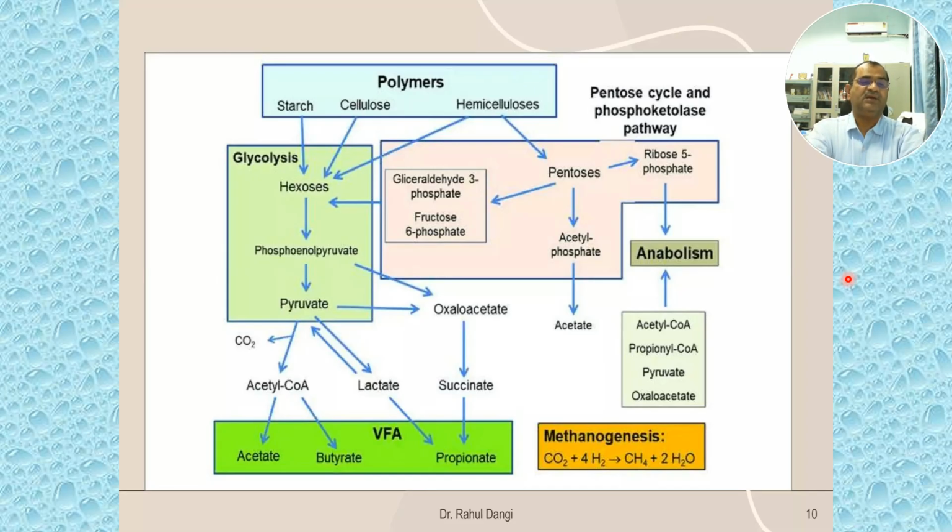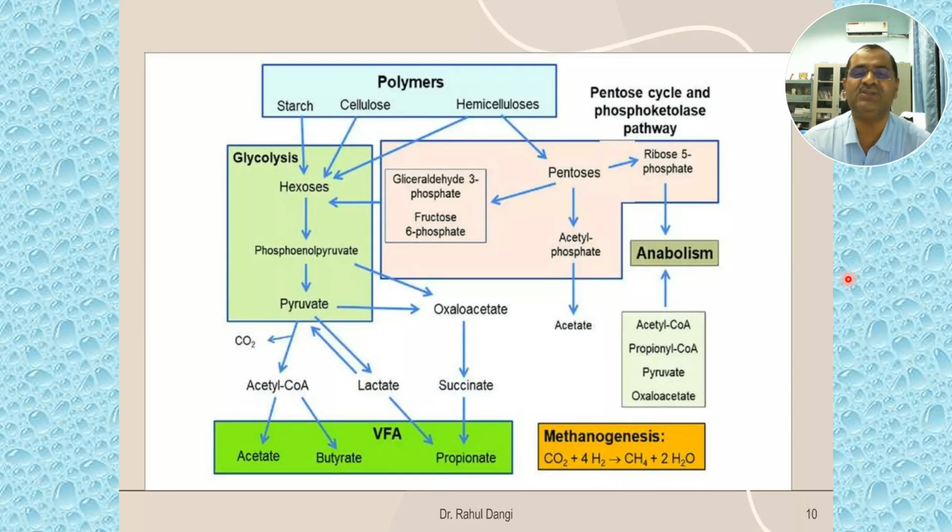Then these polymers, especially the celluloses, cannot be digested by monogastric animals. They consist of starch, cellulose, hemicellulose, and apart from this, the ruminants also have lignins, which can never be digested by a monogastric animal.